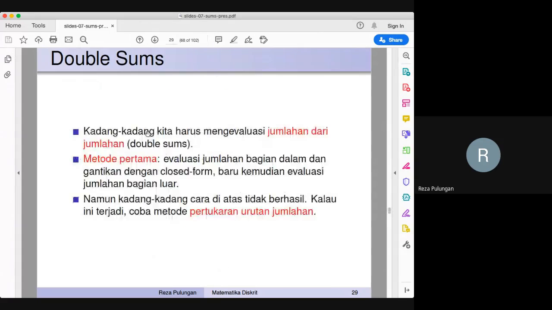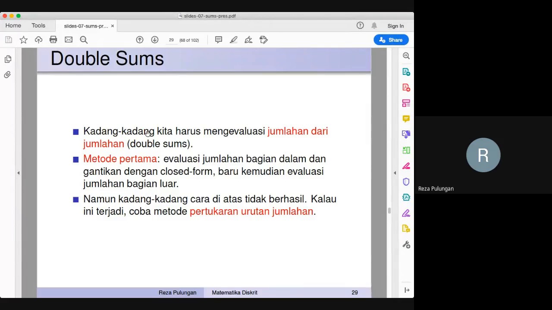But sometimes this is not possible, especially if we cannot find the closed form solution of the inner sum. If this happens to you, what do you have to do?